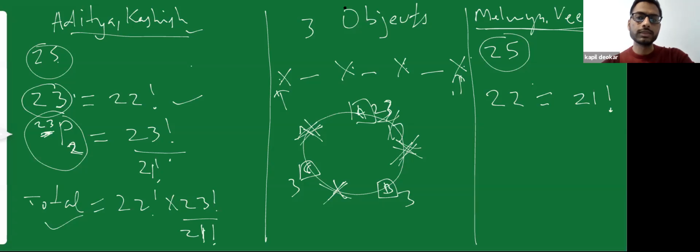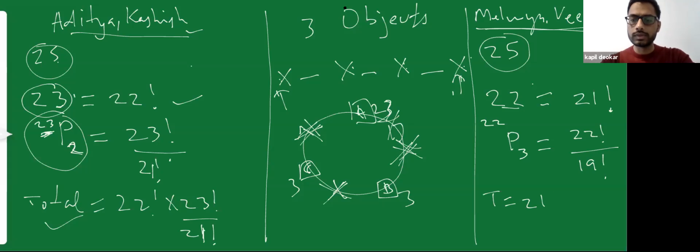So how many options will be there for Melvin, Veer and Om? There will be 22 options because there are 22 people. And out of those 22 options, how many places am I filling up? I am filling up 3 positions. So that is equal to how much? 22 factorial divided by 22 minus 3, so that is 19 factorial. So my total is going to be equal to 21 factorial into 22 factorial upon 19 factorial.